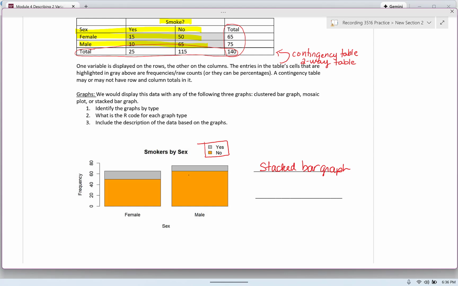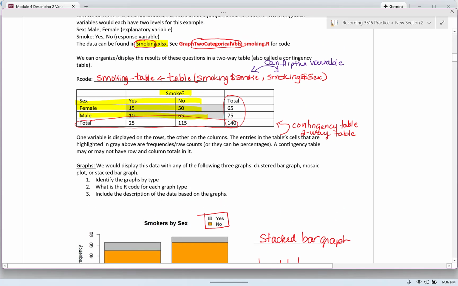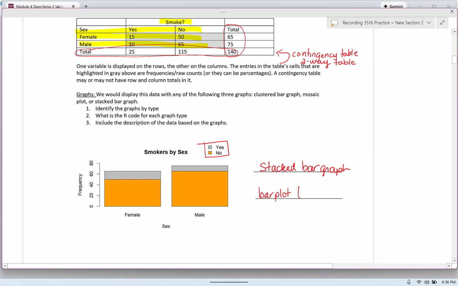And then the code for doing a stacked bar graph is barplot of your frequency table. And our frequency table up here is smoking_table. And so that's what we want to use down here in the barplot command. So we use smoking_table.